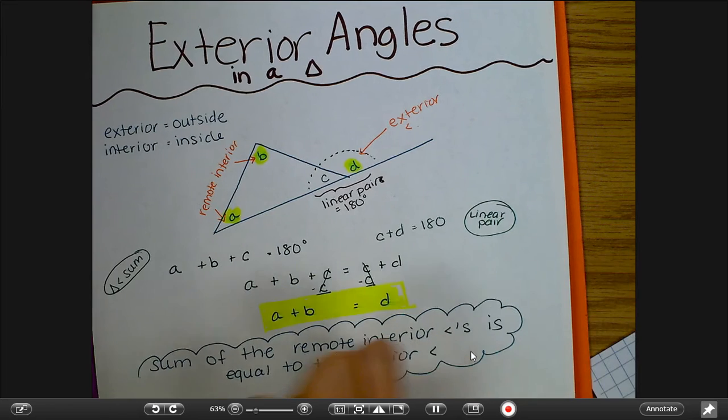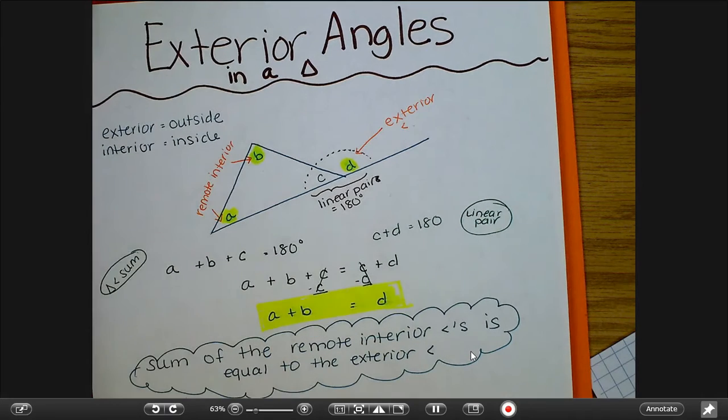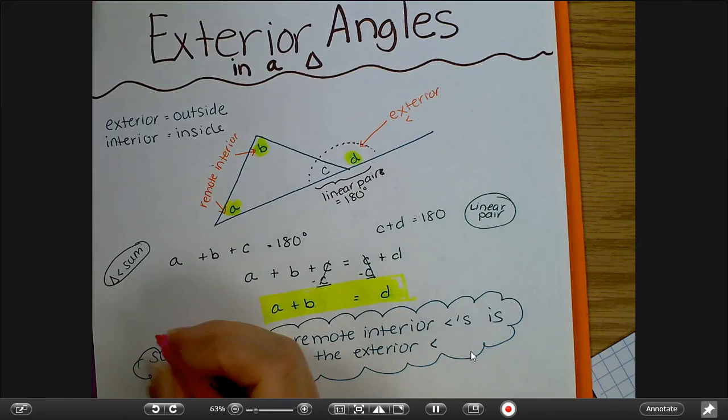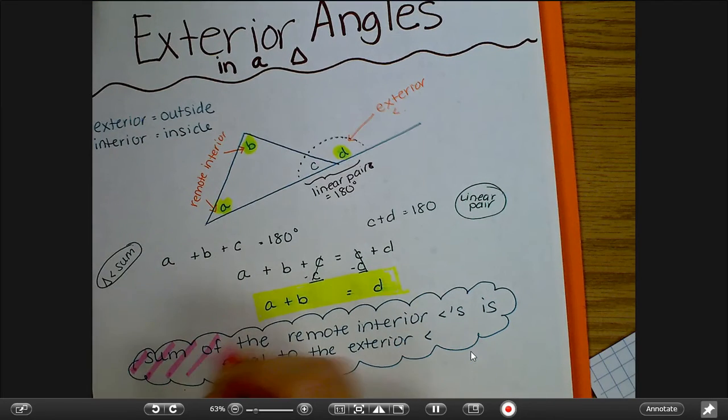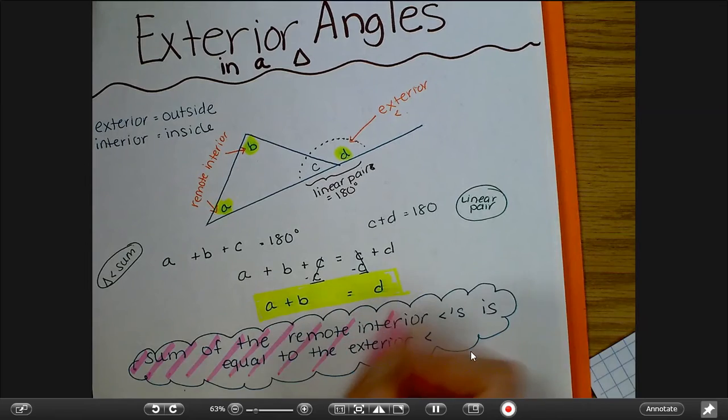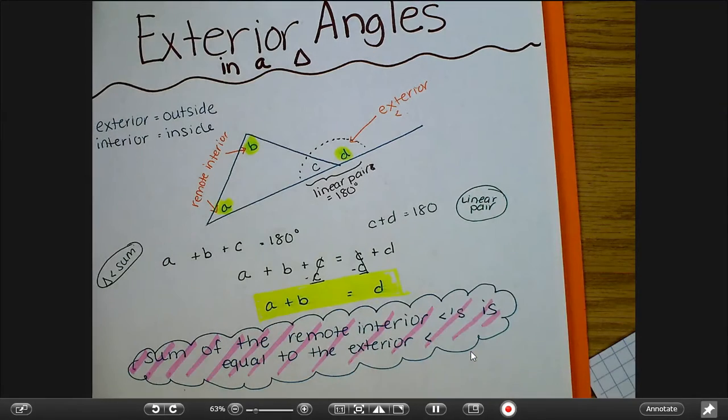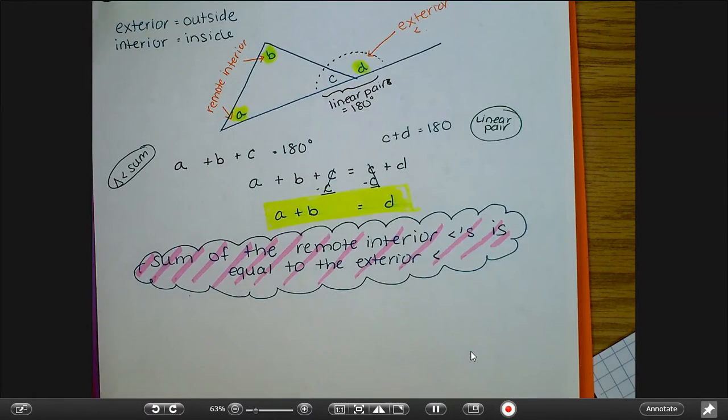Okay, and again, that's in a super cool bubble because it's important. All right, do whatever you need to do to make that look important. The sum of the remote interior angles is equal to the exterior angle.